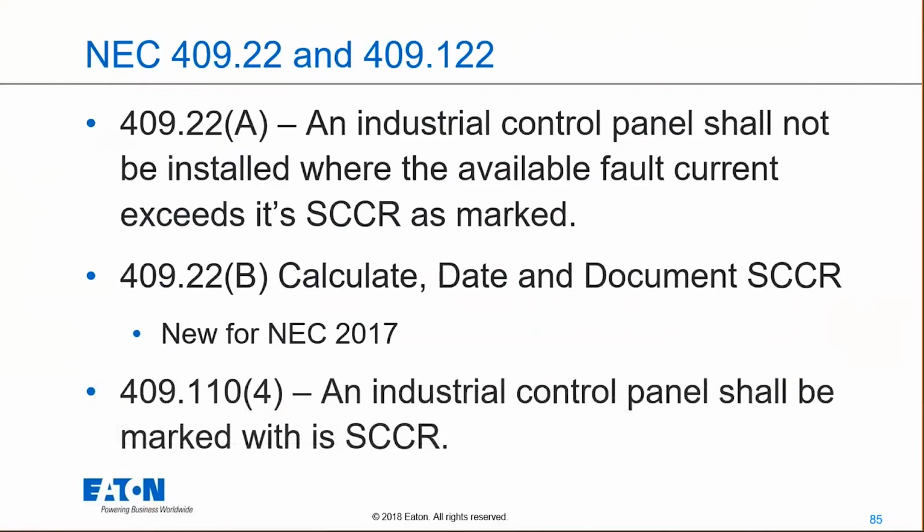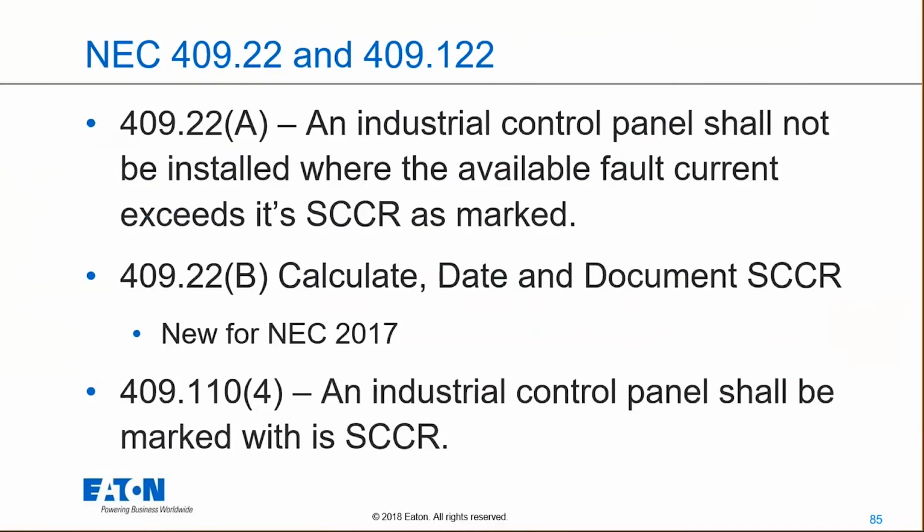This is what you guys have been doing for a long time. It's been in play since the early 2000s, where you had to label your panel with the SCCR. Now, all of a sudden, 409.22 says an industrial control panel shall not be installed where the available fault current exceeds its SCCR. So it says you can't install it anywhere where the available fault current is greater.